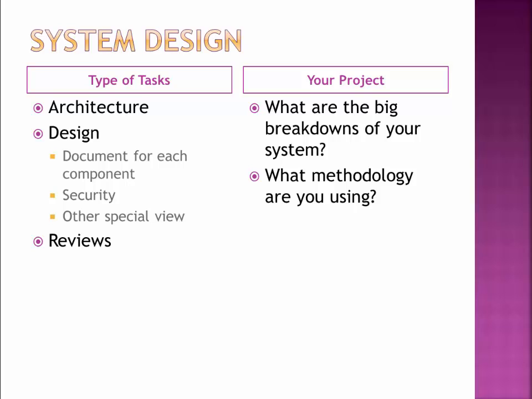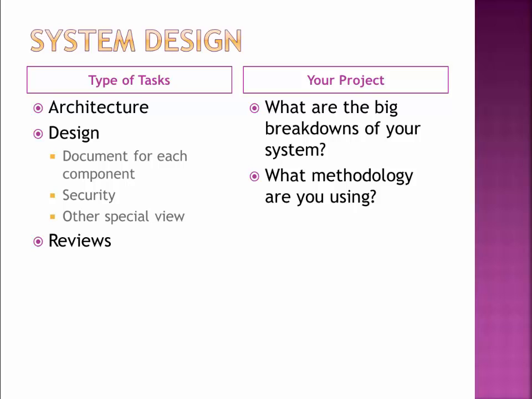Moving into the design phase, it starts to be easier to define the types of tasks, but the tasks get more specific. There's an architecture task, maybe some breakdown of how you do bits of architecture, but then in design, the design task is going to be designing what? Each component. I need to design a database. That could be a component that's out there, or more likely it's going to be tied to your project.